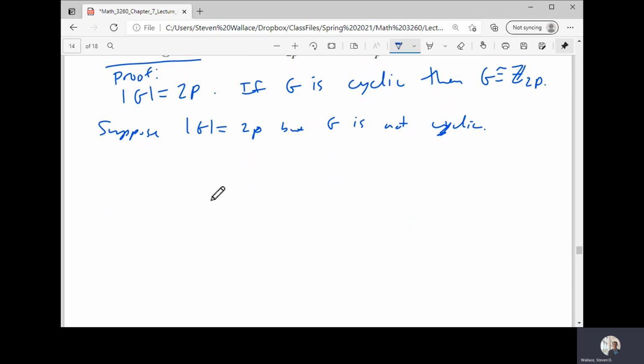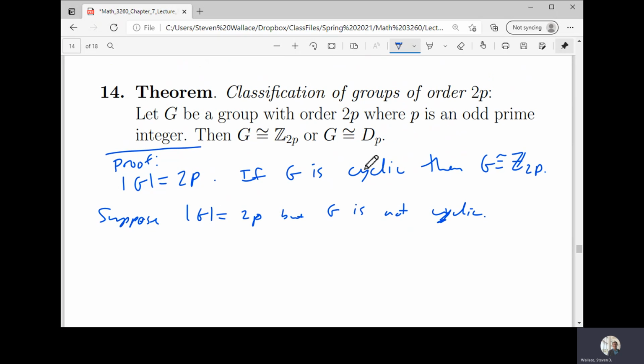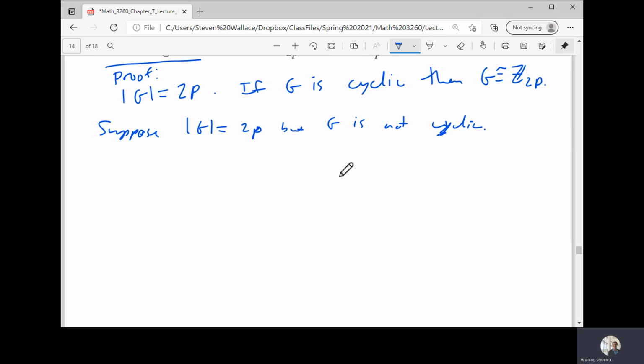And then we can show the correct relation that holds in the dihedral group. But let's see how else we can do it without using some of those methods.